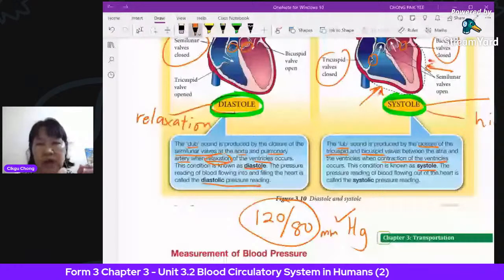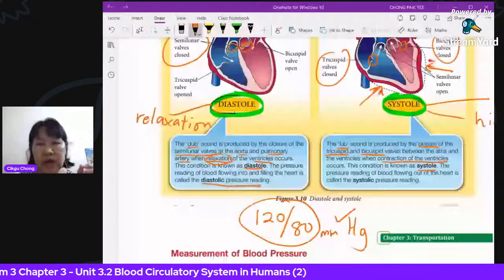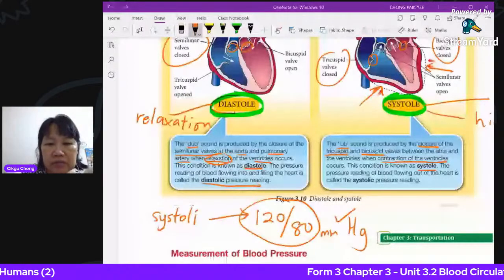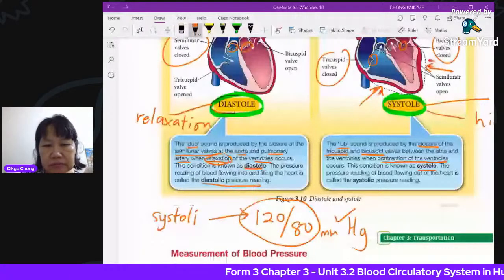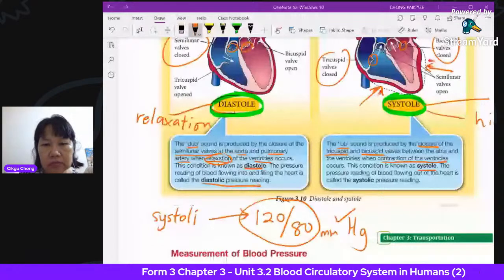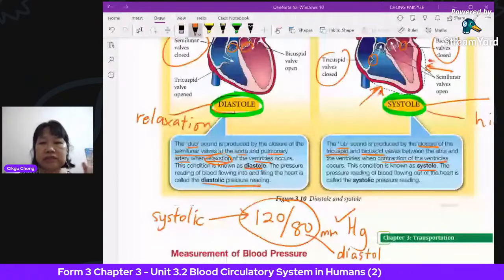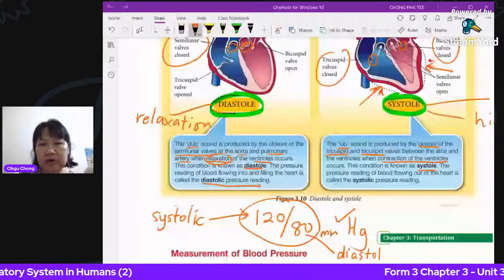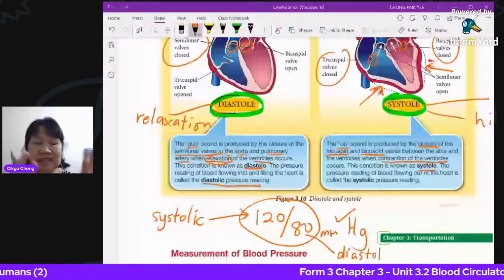This is called the systolic reading, and the one at the bottom is diastolic. Systolic is always the higher one. Remember, systole is to squeeze, and squeeze is definitely the higher pressure.